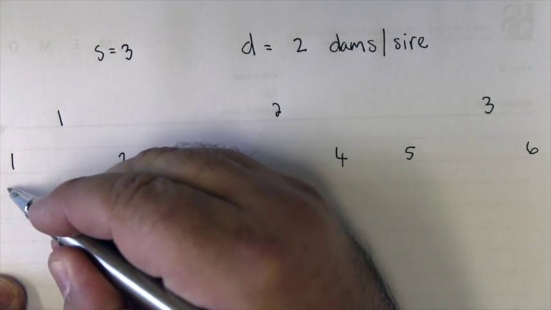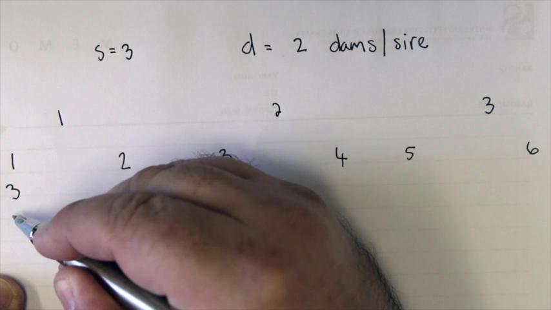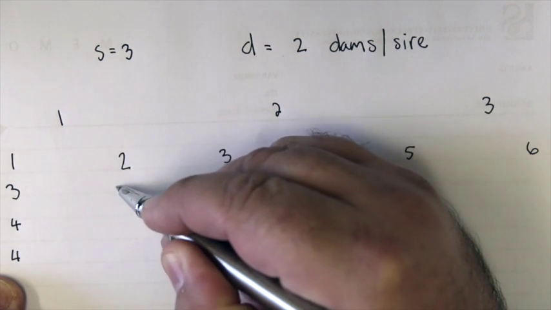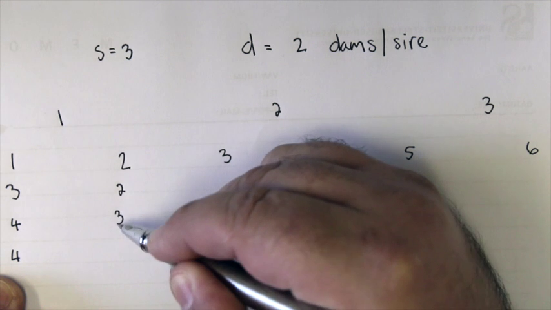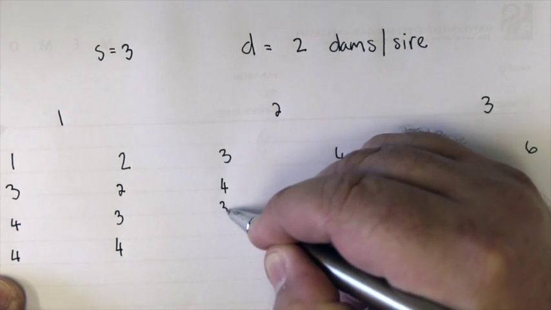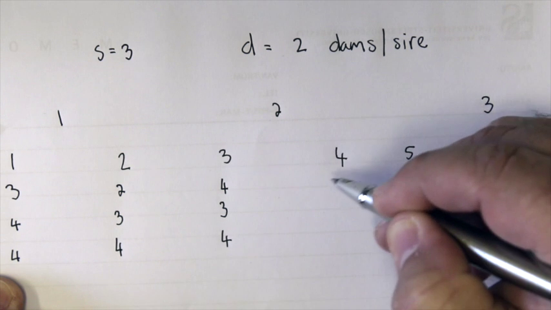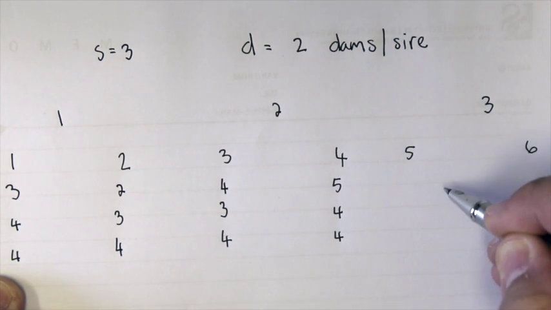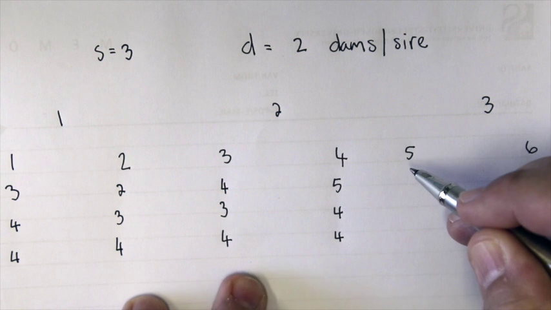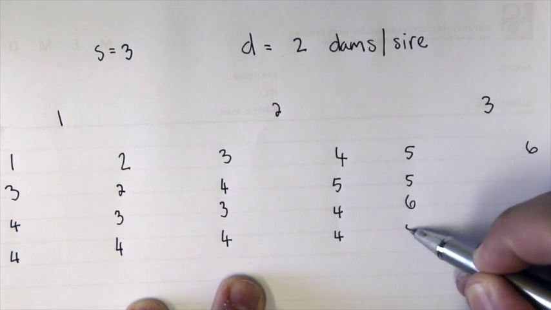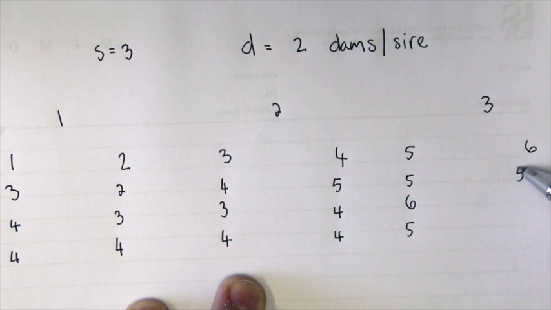So the data that we have is 3, 4, 4, 2, 3, 4, 4, 3, 4, 5, 4, 4, and 5, 6, 5, 5, 4, 4.